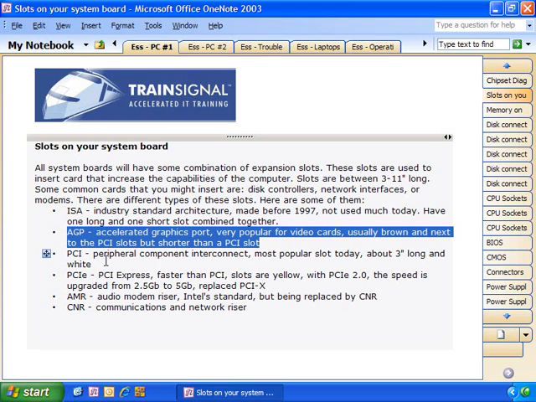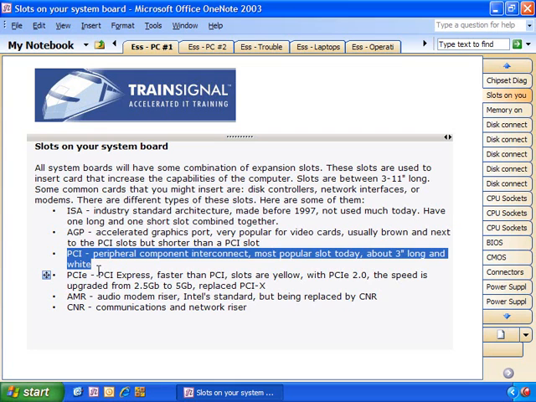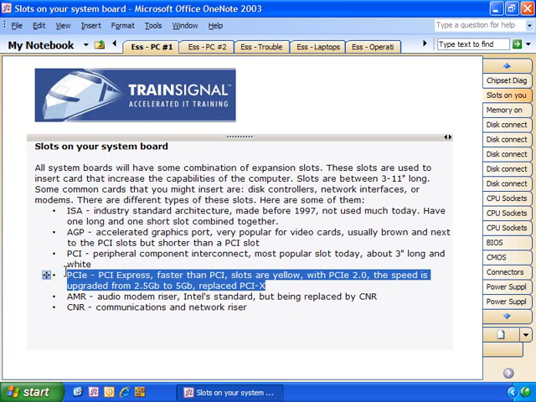There's PCI. This is the Peripheral Component Interconnect slot. These are pretty popular today, but they've really been replaced by PCIe slots. PCI slots are about 3 inches long and they're white. Next up, there's PCIe slots, or PCI Express. These are faster than PCI. These slots are yellow, and I showed you a picture of these slots.